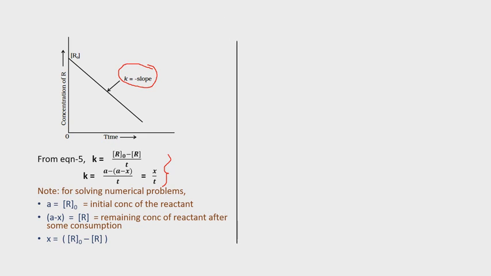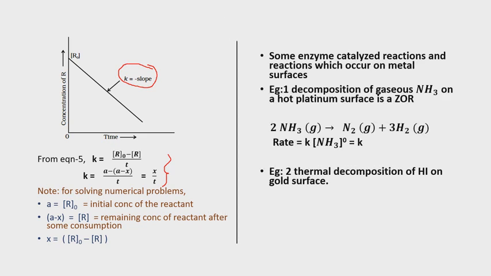Next, some data is here. Some enzyme catalyzed reactions and reactions which occur on metal surfaces are examples for the zero order reaction. First example, decomposition of gaseous ammonia on a hot platinum surface is a zero order reaction. 2NH3 gives N2 plus 3H2.